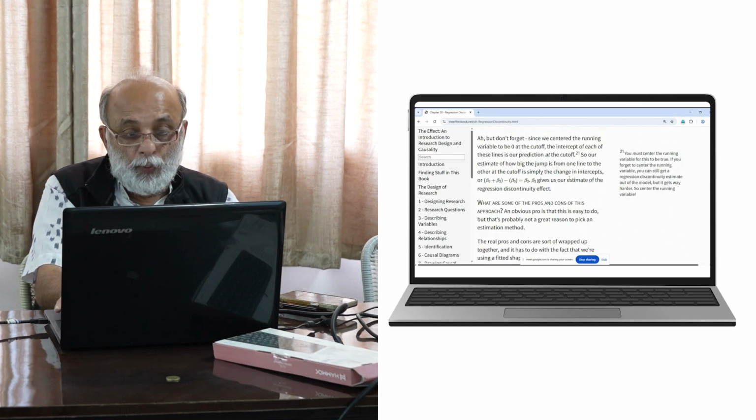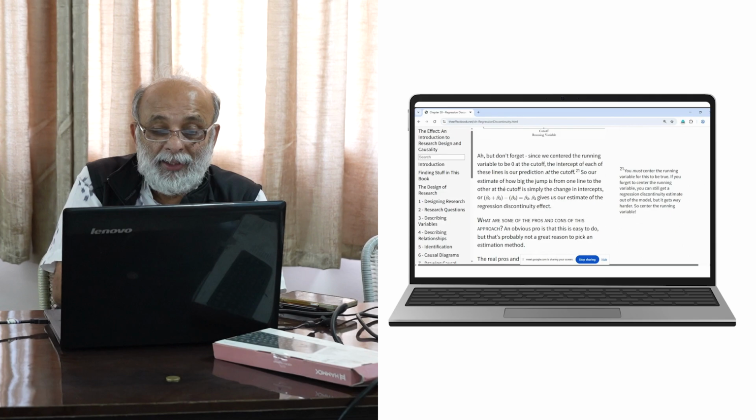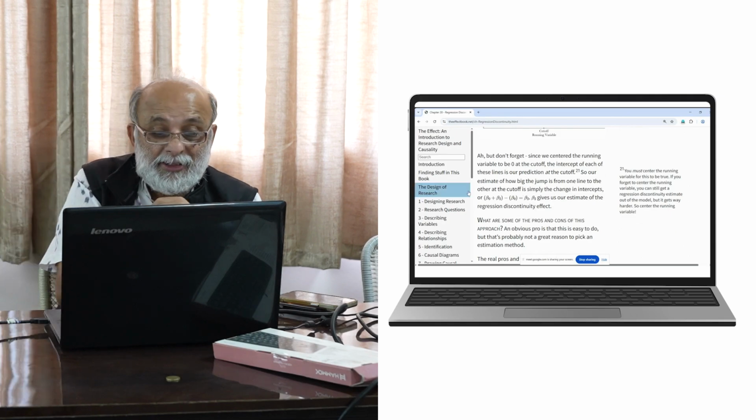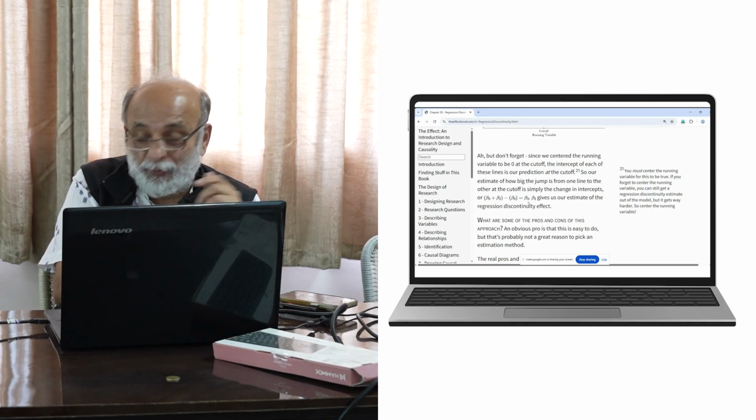Beta 2, our estimate of how big the jump is from one line to the other at the cutoff, is simply the change in the intercepts, which is beta 0 plus beta 2 minus beta 0, which is simply beta 2.